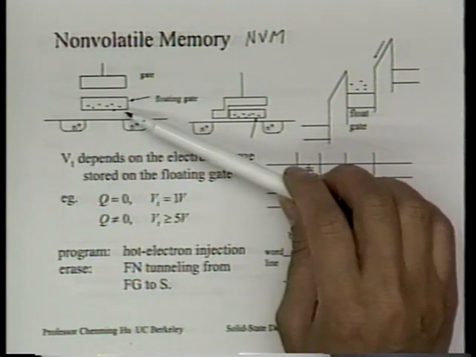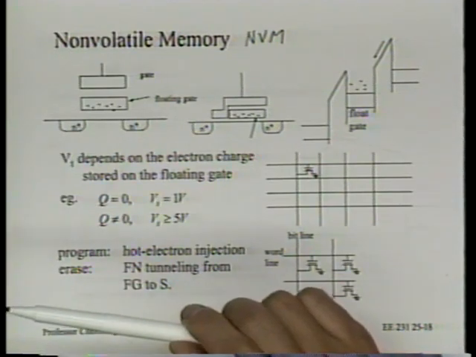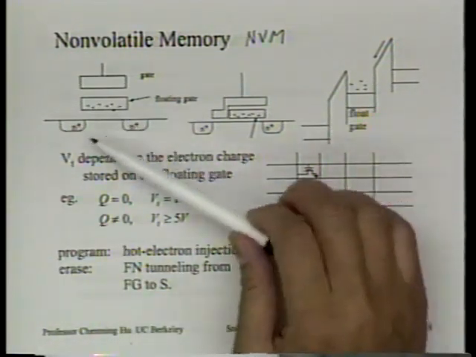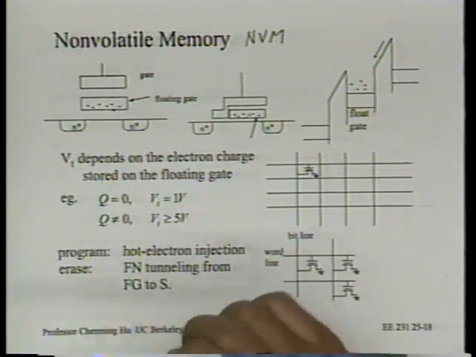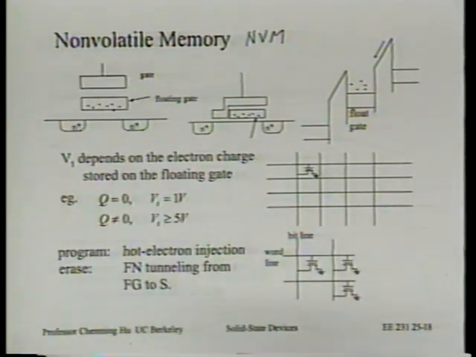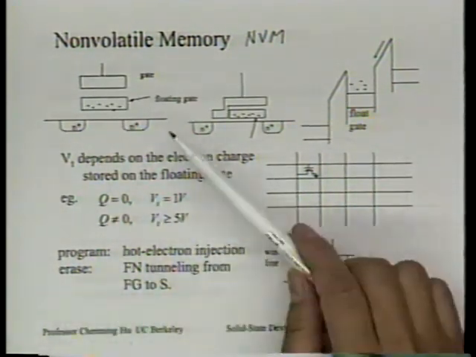Now, floating gate is really just a piece of polysilicon that's not electrically connected to anything. It's surrounded on all sides by a good insulator. You can consider that as SiO2. Sometimes there's some nitride involved, but totally surrounded by SiO2. And that's why it's called a floating gate.